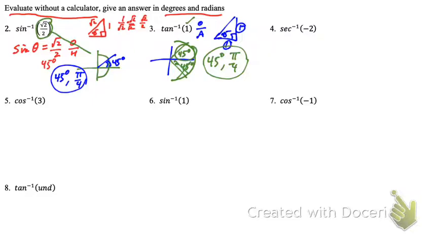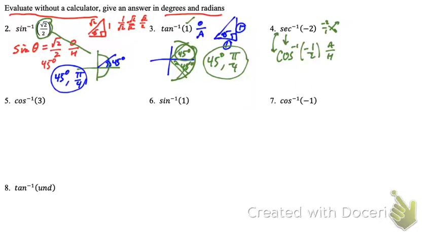Secant. What's secant the reciprocal of? Quick. Cosine. So that means, and this is -2 over 1, so what's the reciprocal of that? -1/2. So these two would be the same problem. Okay. Now, cosine is adjacent over hypotenuse.